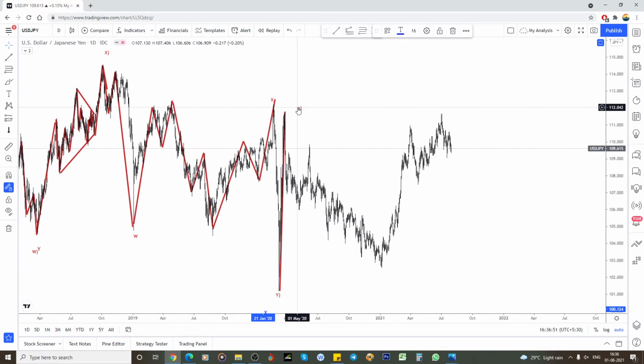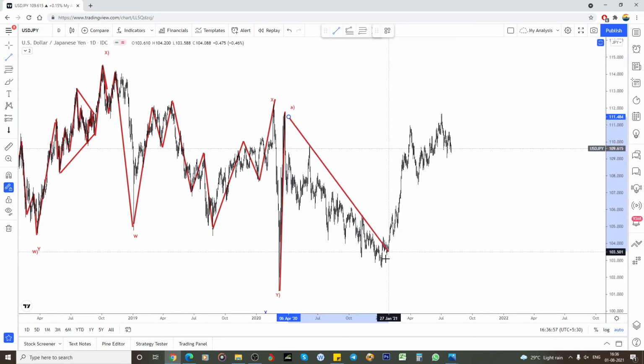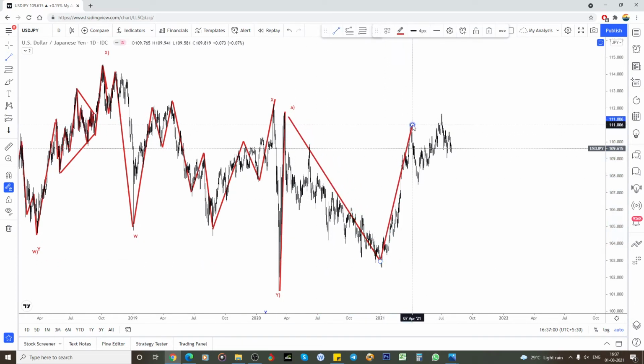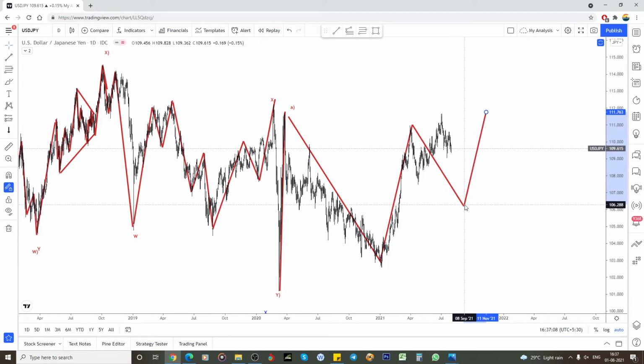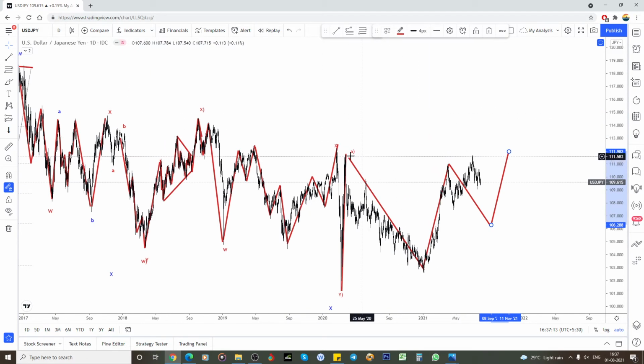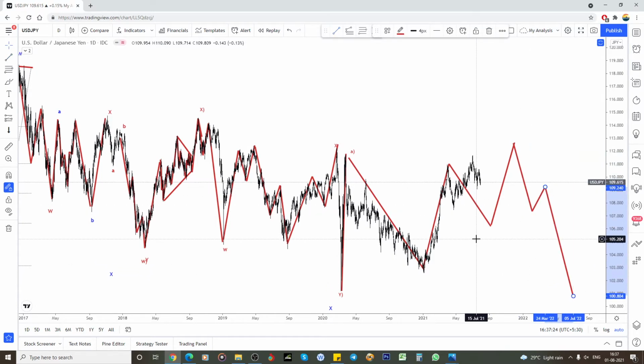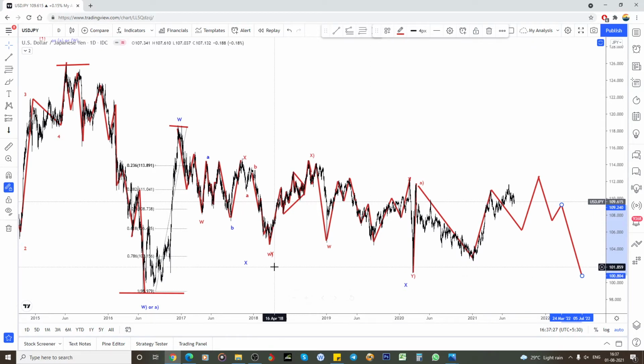So whether this is the A or an intermediate W, this whole thing becomes X, this is A, this is the B, one more C, which could be a deeper C. This C can go like this, also an expanded flat. It could make one more high. If it breaks this high and not this high, there could again be chances of making one more low. One more low means what? It's a Z wave. So W, X, Y, X, Z.